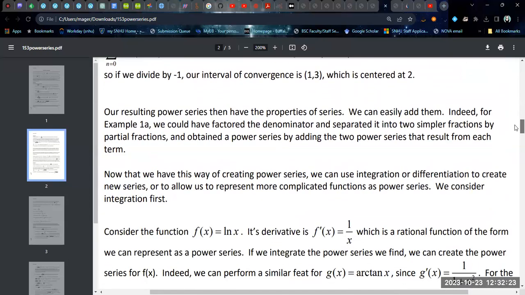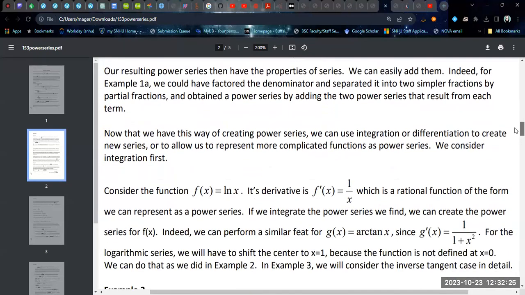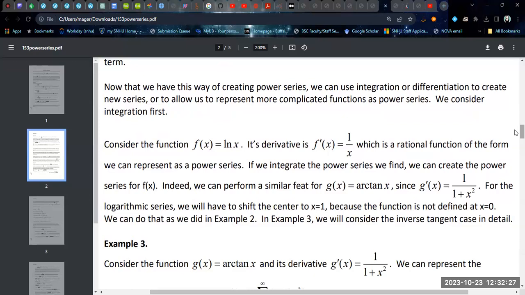Now, there is one additional trick that we can talk about, and that is these two functions, arctangent and log, where if you take the derivative, you get a rational expression. So the derivative of log is 1 over x, and the derivative of arctangent is 1 over 1 plus x squared.